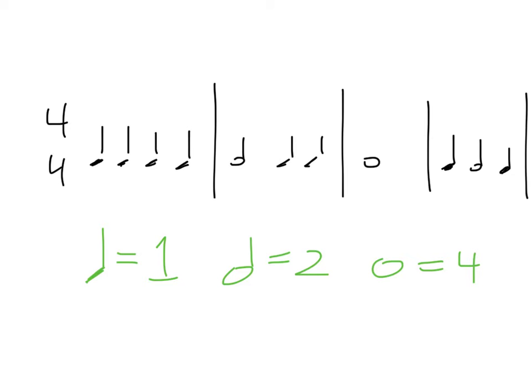Well, if we go a step further, you could say that that quarter note's on beat 1, this quarter note's on beat 2, that quarter note's on 3, and the last one's on beat 4. And so you would write that on top of the notes, 1, 2, 3, 4. In fact, you might perform it that way, and instead of saying ta, you would go 1, 2, 3, 4 as the metronome was going on.